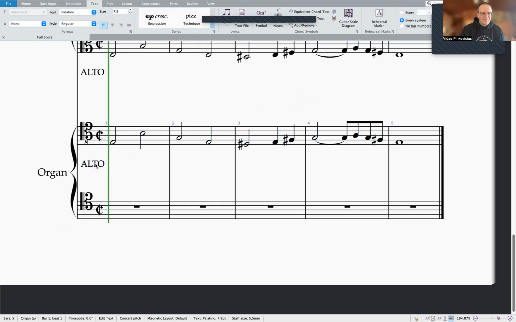On the fourth line, C is called tenor clef.